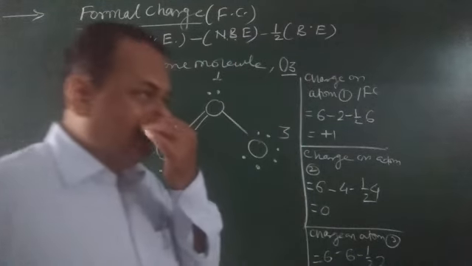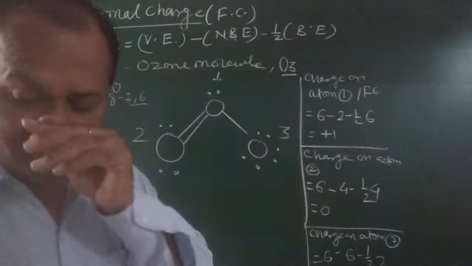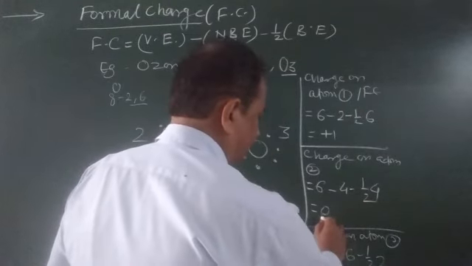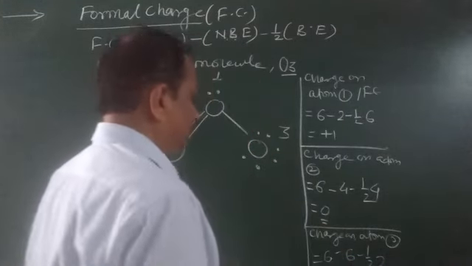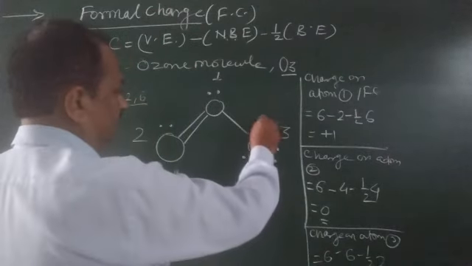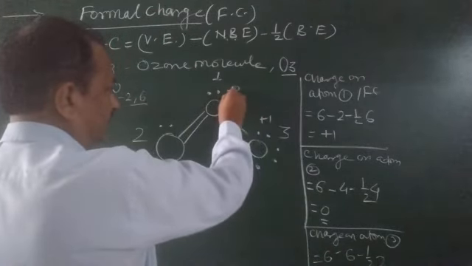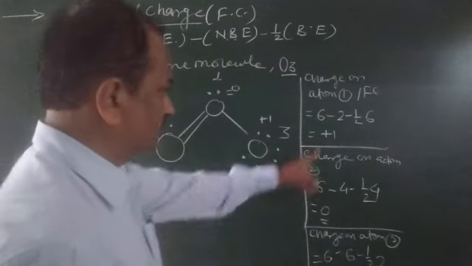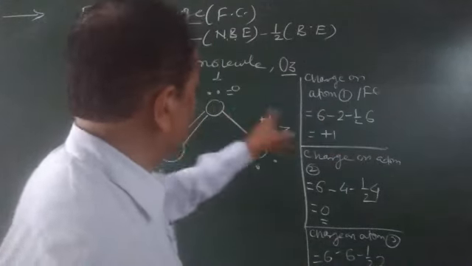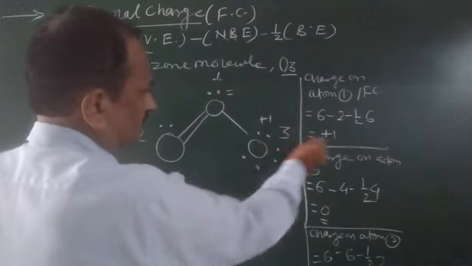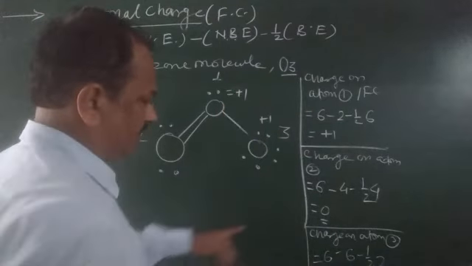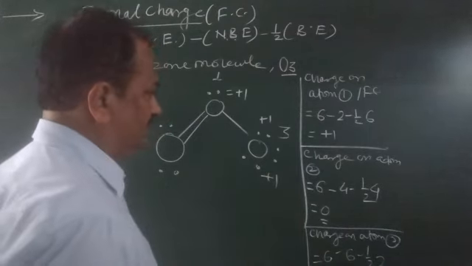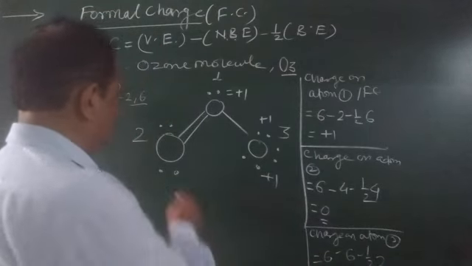And as a result, on solving, we have this plus. And as a result, here we write down. So it will be plus 1, here it will be 0, and here this 1 will be equal to plus 1, here it will also be plus 1, and here atom 2 will be equal to 0.